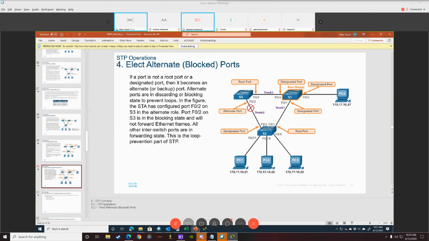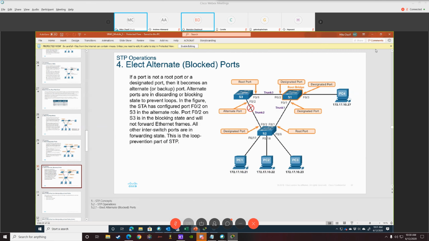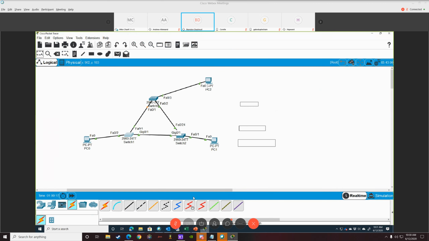Can we go back to your Packet Tracer? Between switch 1 and switch 2, can we change that to a Fast Ethernet instead of the gigabit? I want to see what it does.